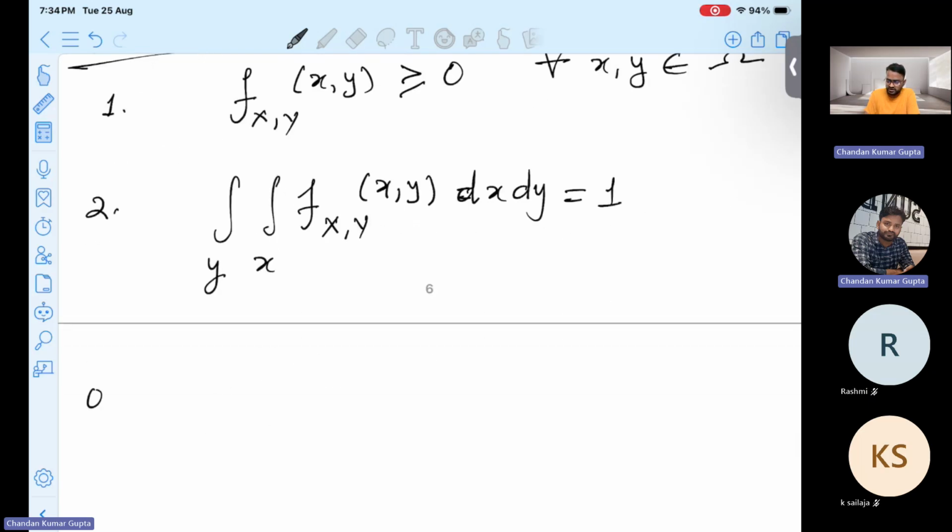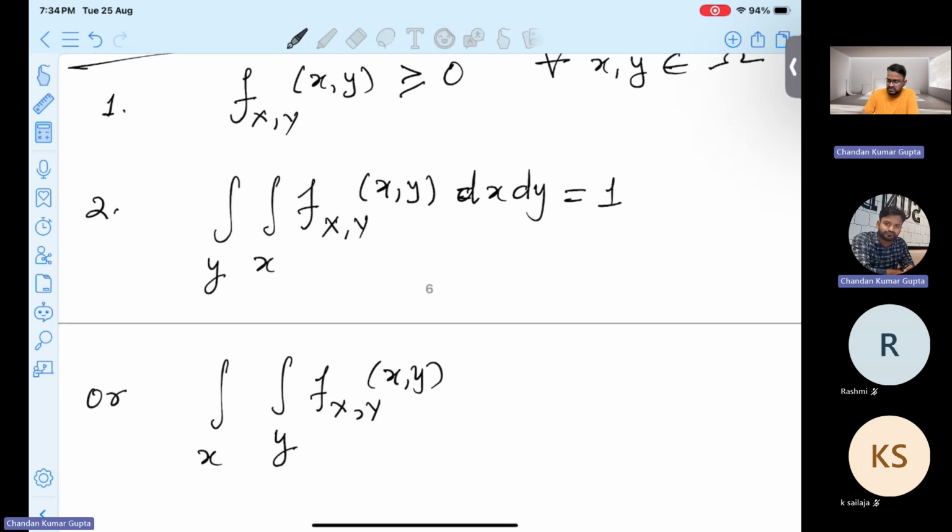Also keep this in mind: if we take y in the interior integral and x in the exterior, then we should write dy dx. So the ordering matters here. This is the standard format to write these things. These are the properties.